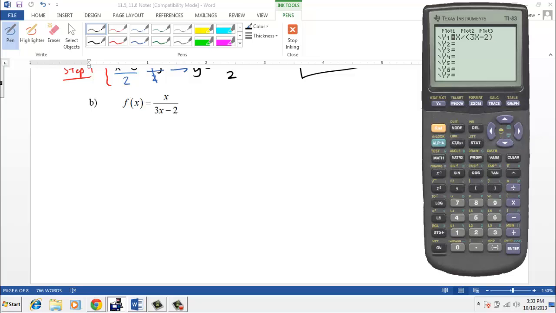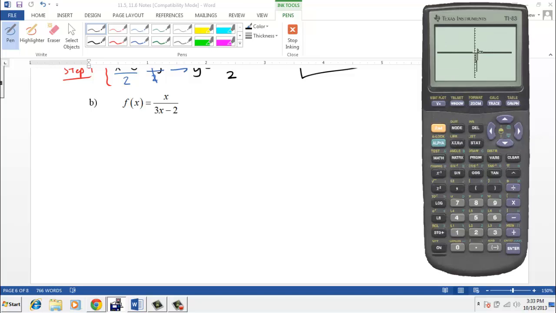We have to put parentheses around the denominator to make both the 3x and the negative 2 be on the bottom. If we don't put parentheses on, our graph will not come out right. And then we can go ahead and graph it.